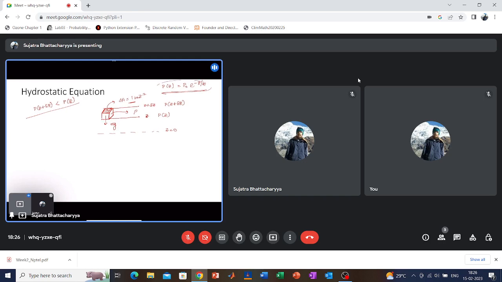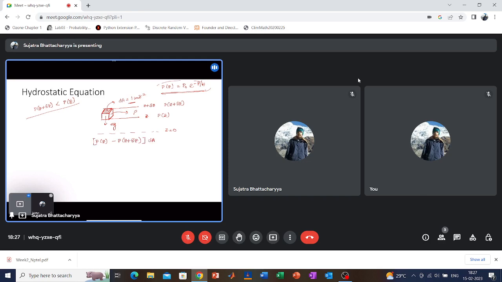So this will be what? P of Z minus P of Z plus delta Z. Why am I writing this? Because P of Z is higher pressure than the lower pressure. So the total pressure force is P of Z minus P of Z plus delta Z into dA.